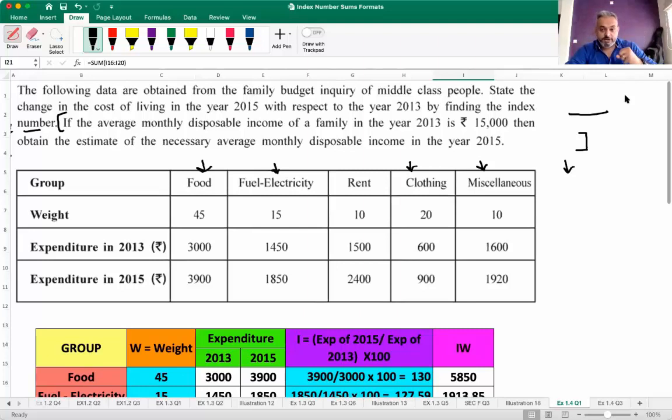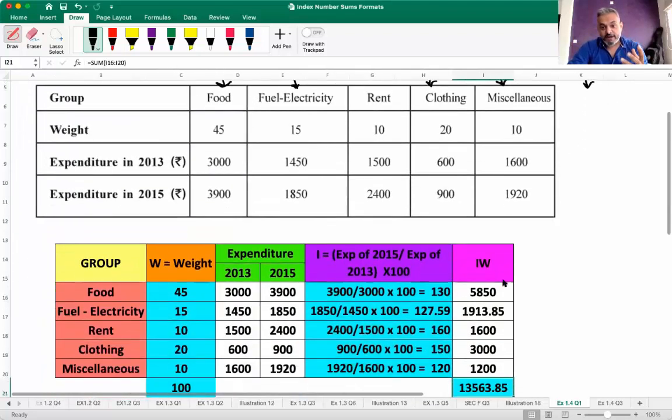Because of inflation, the prices have gone up. So how much should that person have disposable income to sustain the same standard of living which was there in the year 2013? So let's check it out.